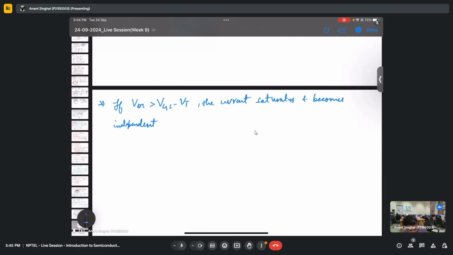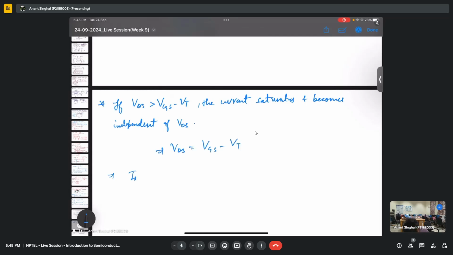Once it happens in saturation operation, it behaves like a current source. Basically, the MOSFET behaves like a gate controlled current source, which is independent of VDS. So what I can write, since it becomes independent of VDS, is that VDS is nothing but VGS minus VT.